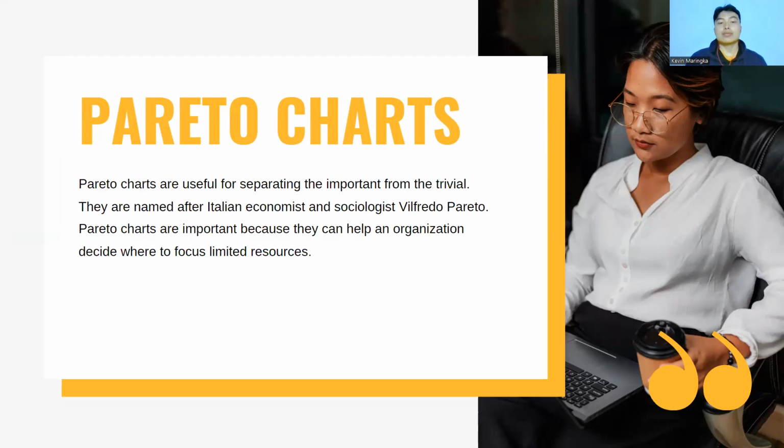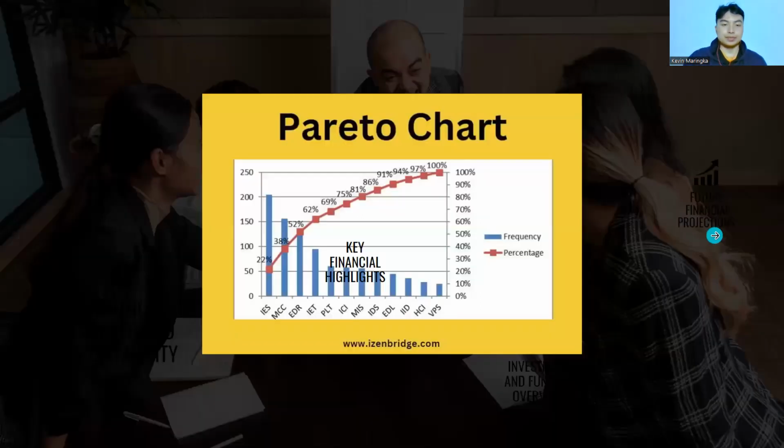Pareto charts are important because they can help organizations decide where to focus limited resources. So basically a Pareto chart is a tool that you use to see where your resources should go, because like everything else, resources are scarce and limited. This is an example of a Pareto chart.